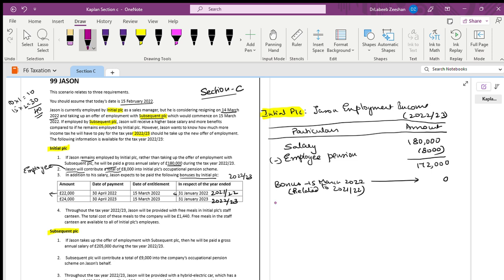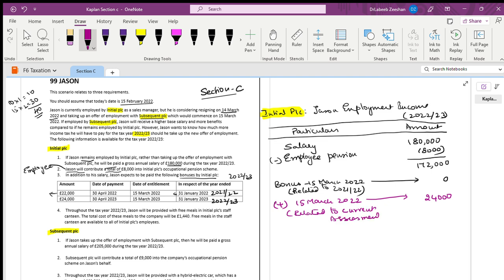How much is the bonus with respect to 15th March? Is it right? 15th March 2023. How much is the bonus? 24,000. This we have to add. Related to the current assessment year.